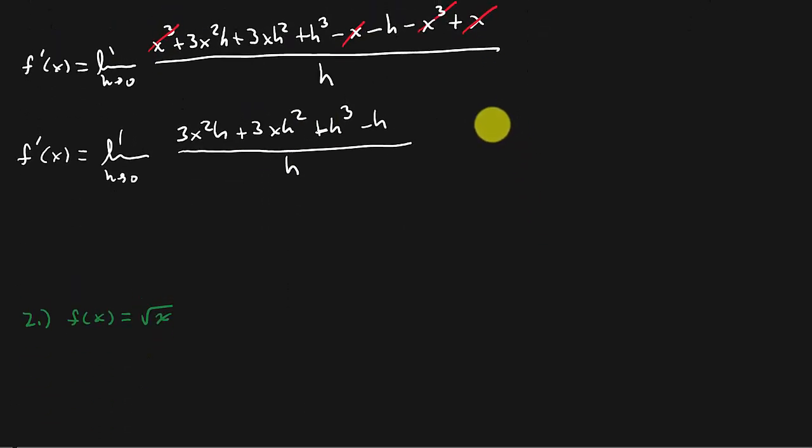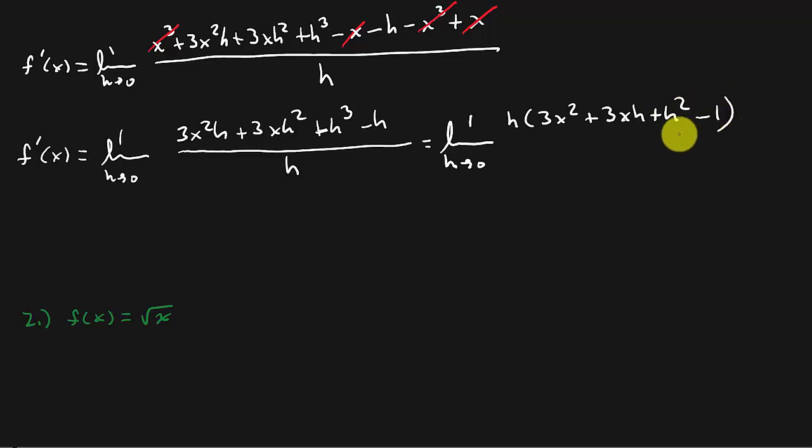So notice here we can factor out an h. So let's do that. That's the limit as h goes to 0 of h times 3x squared plus 3xh plus h squared minus 1, and all that over h.